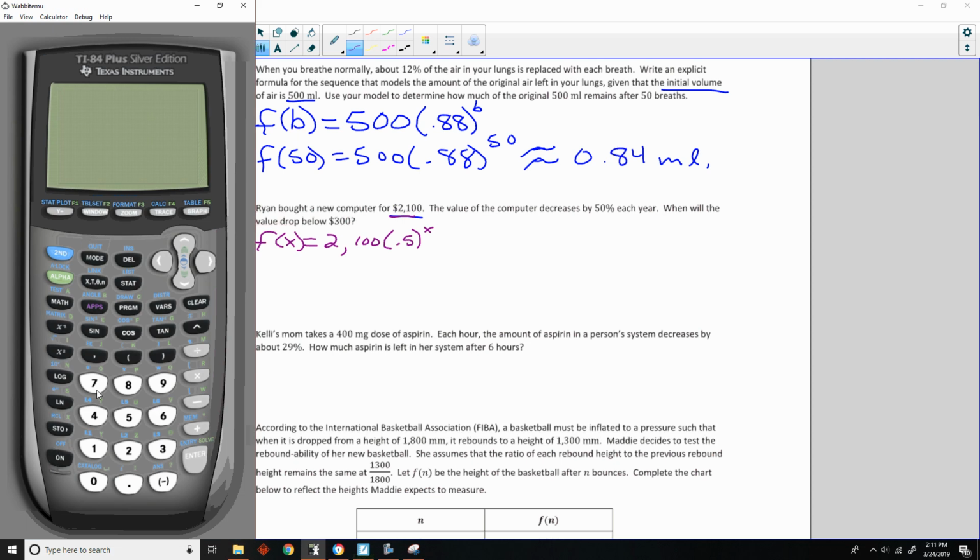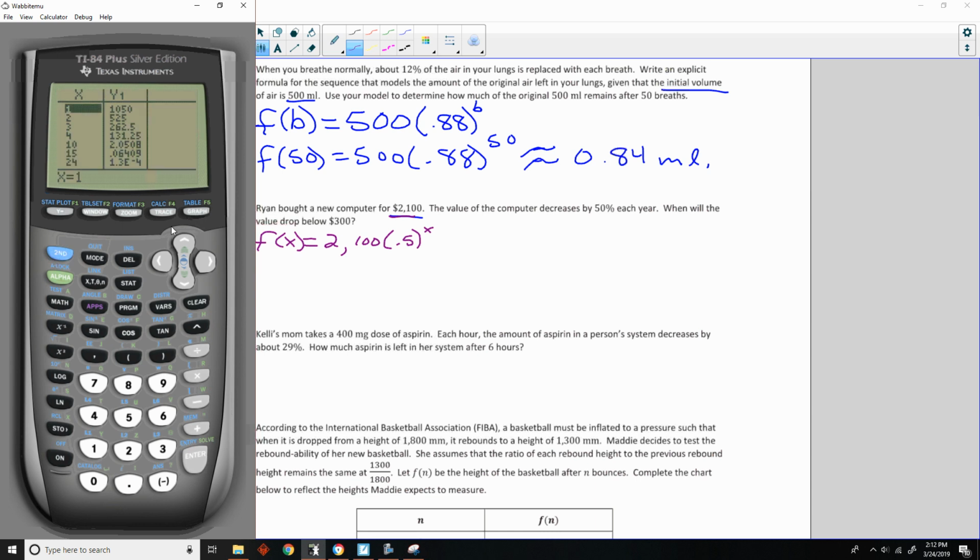I'm going to go to y equals and put 2,100 times 0.5 to the power of x. And I'm going to review this again. You go to table set, which is second window, and make sure your independent variable, which is x, is ask.